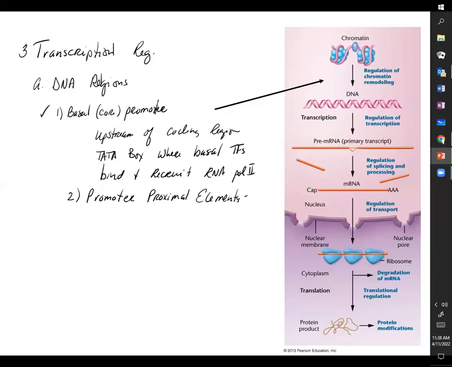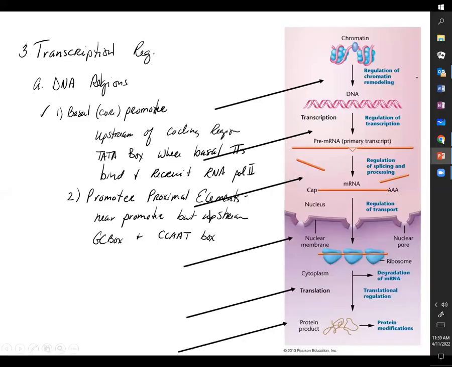So these are DNA sequences near the promoter that are also involved in regulating transcription. Sometimes the GC box that we discussed before and the CCAAT box are considered promoter proximal elements.